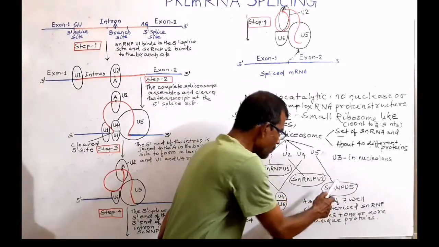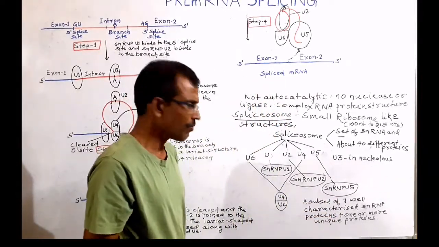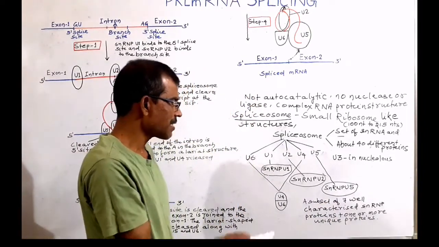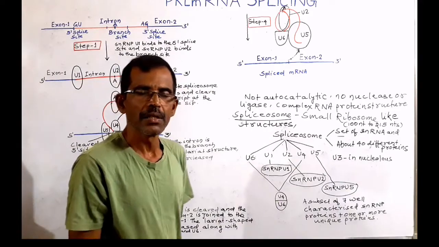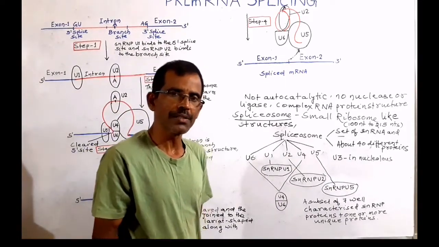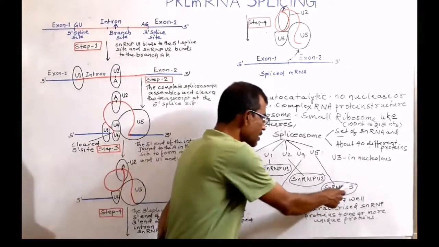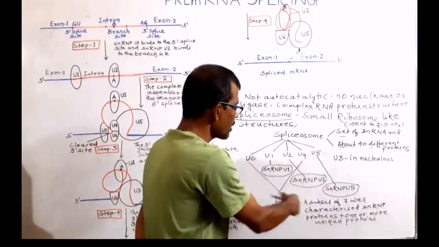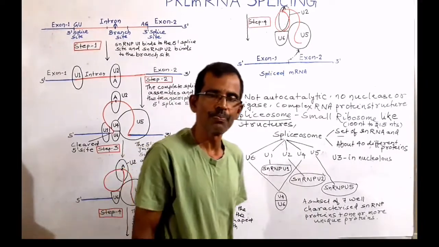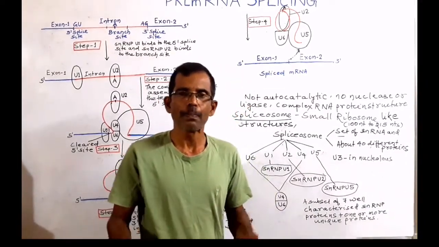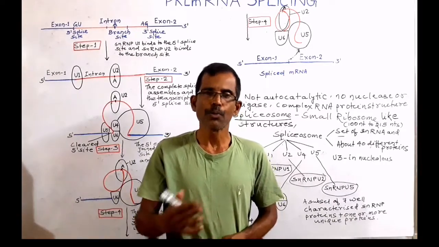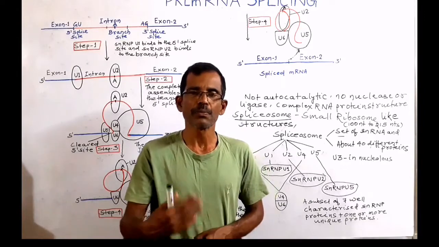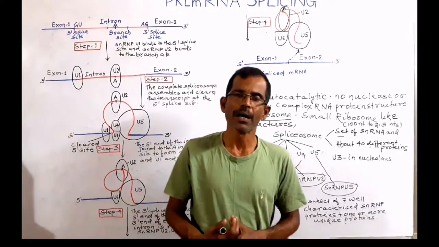Each snRNP is composed of a subset of 7 well-characterized snRNP proteins plus 1 or more proteins unique to this snRNP. So this is about the various components of the spliceosome. The spliceosome is a complex RNA protein structure that carries out the process of splicing of pre-mRNA.